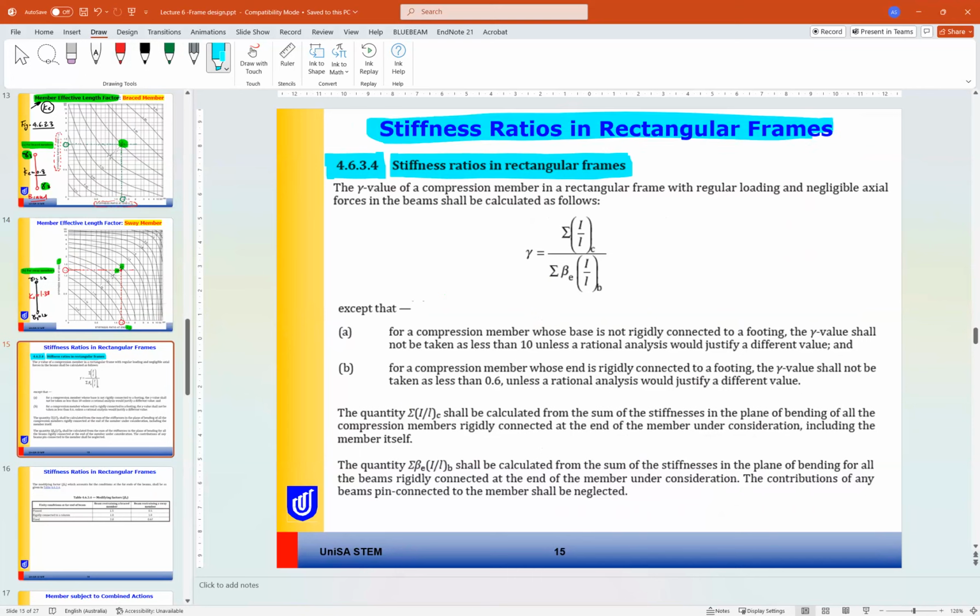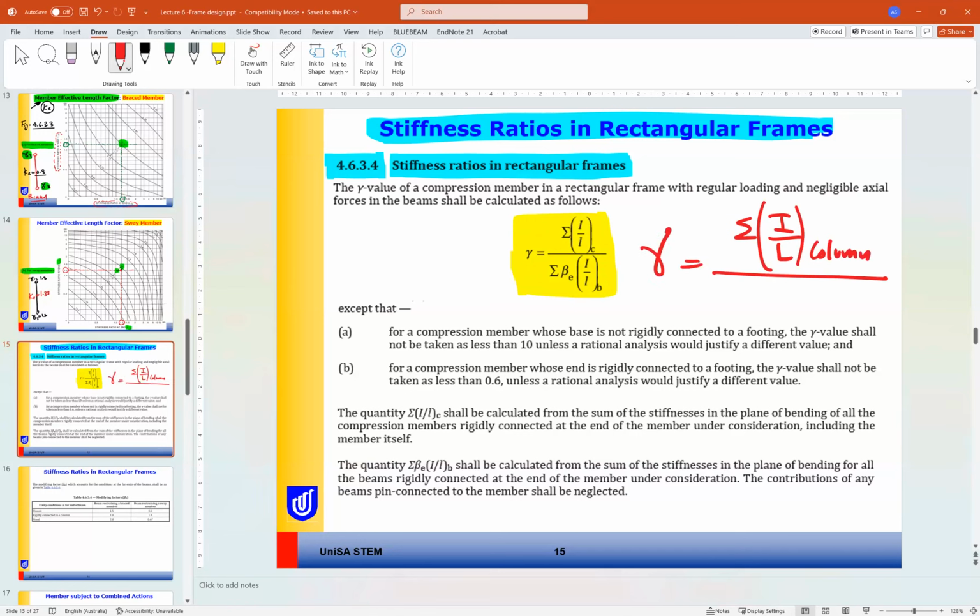So the formula is gamma equal to summation I over L for columns, divided by summation beta effective I over L for beams.